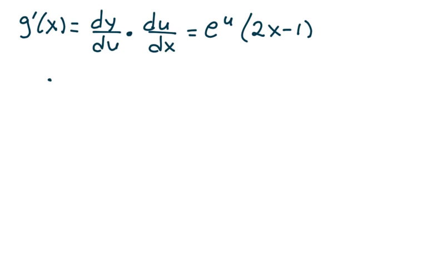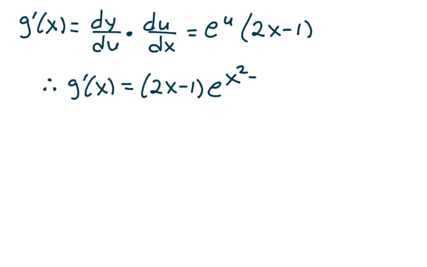And so, therefore, g prime of x, I'm going to replace u with x squared minus x. So this is 2x minus 1 e to the x squared minus x. And that would be the solution to problem number 15. I want to take a look at problem 17.